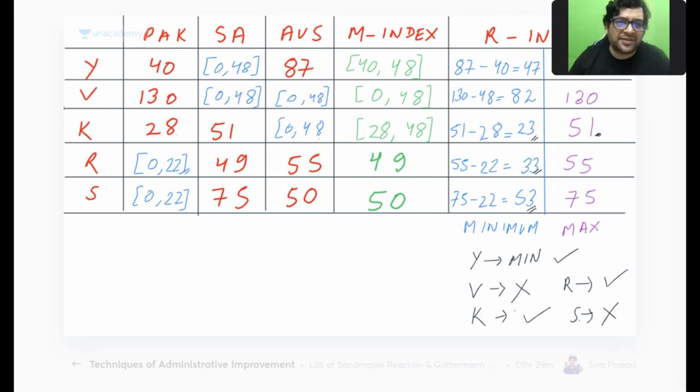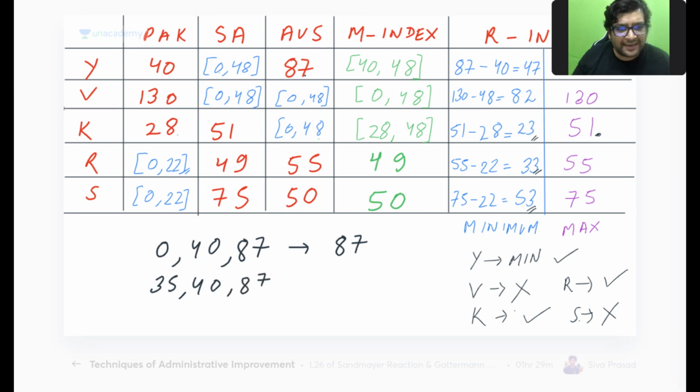What is minimum range? Maximum value is fixed at 87. If I take this as 0, then my scores will be 0, 40, and 87, and in that case my range will be 87. If I take this as 35, 40 and 87, in that case my range will be 87 minus 35 or 52.